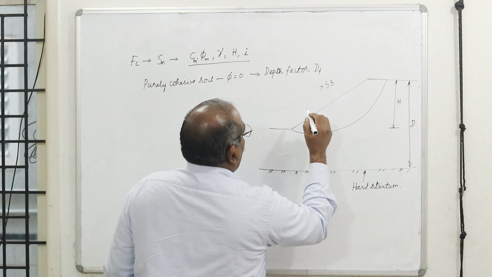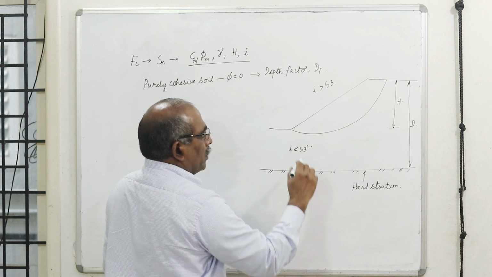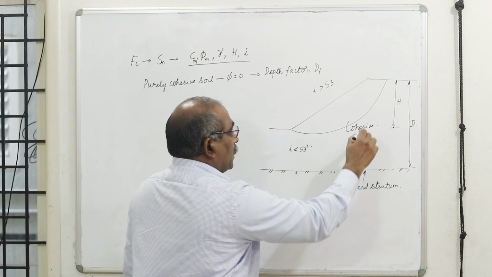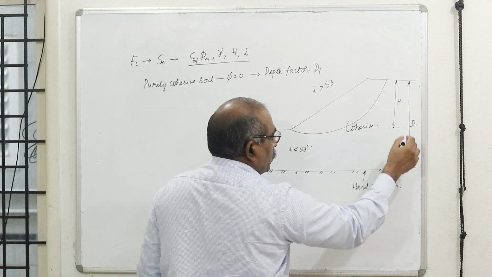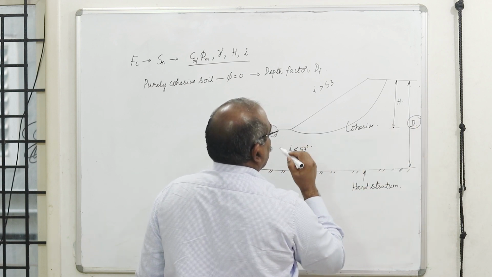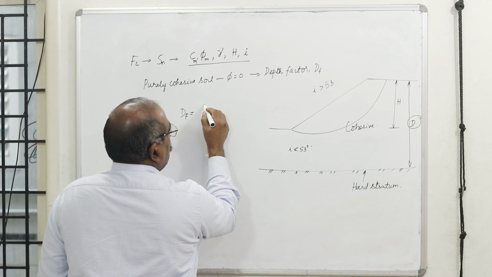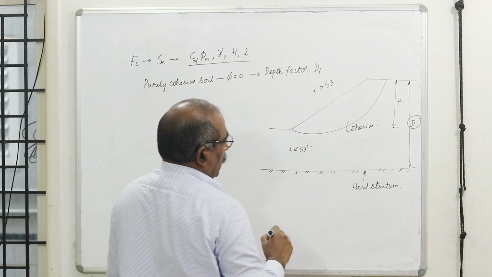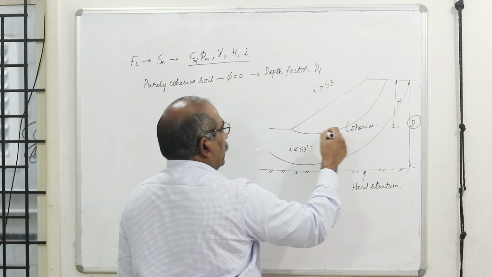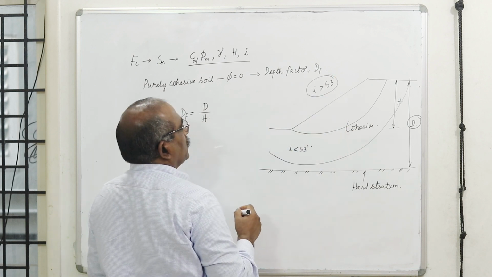Now for slope angles less than 53 degrees, whenever you got a cohesive soil as the medium, the slip circle depends upon the depth to the hard stratum. The depth factor df is equal to d to h, and your slip center passes relatively deeper, through a deeper stratum, compared to passing through the toe when your slope angle is slightly greater.